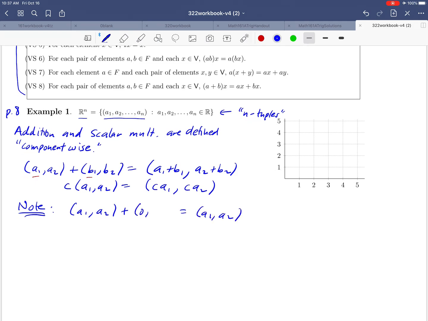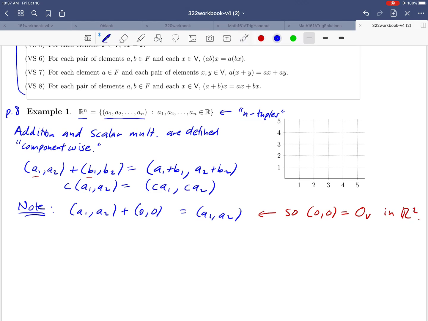Well, 0, 0 would be the thing that works here, just the way that we defined addition. So what we've just confirmed here is that the ordered pair 0, 0 is the 0 vector in this vector space. Okay, so notationally we could write this as 0, 0 equals the 0 vector. Remember that notation, 0 with a v means 0 vector in R2.